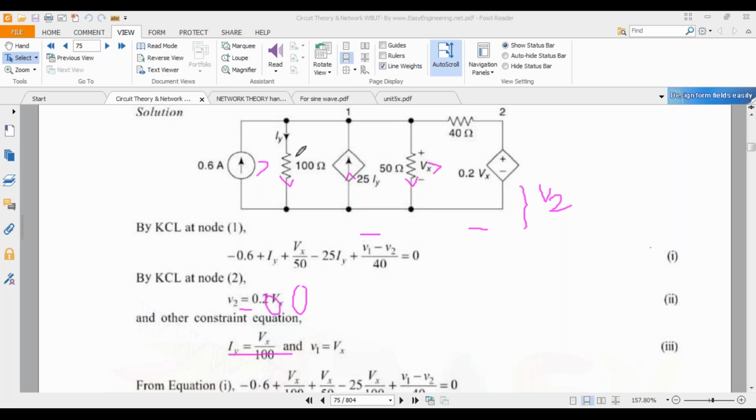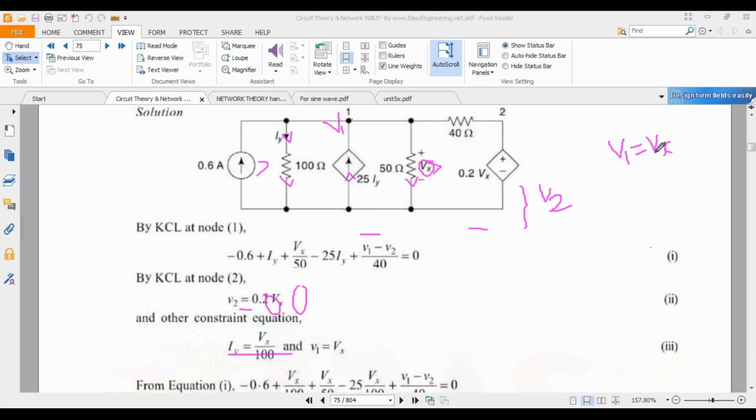And the current Iy is nothing but, now for this branch current Iy, we can write this node voltage V1 or Vx. So here V1 and Vx are the same. Both are connected in parallel. Right? V1 is equal to Vx because of the property of a parallel circuit.